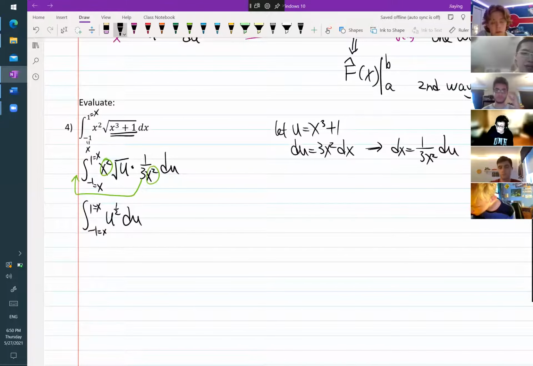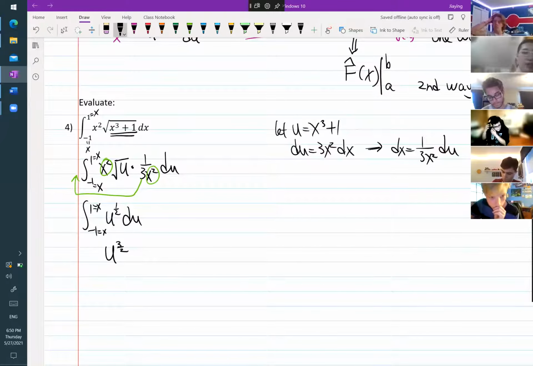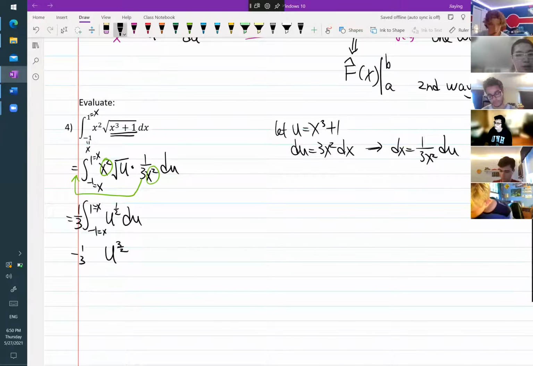So the next step, when I integrate, finding the antiderivative of u to the half, I get u to the 1/2 plus 1, which is 3/2. But then I have to divide by the new exponent, so divide by 3/2.